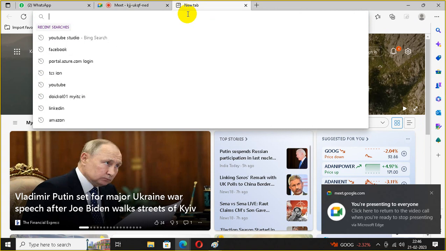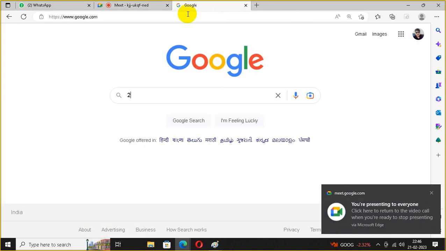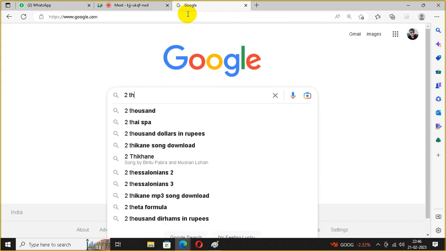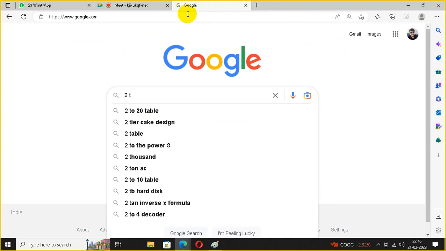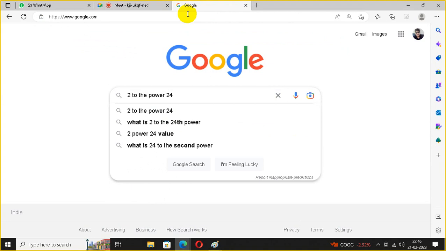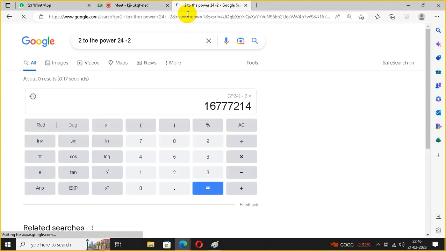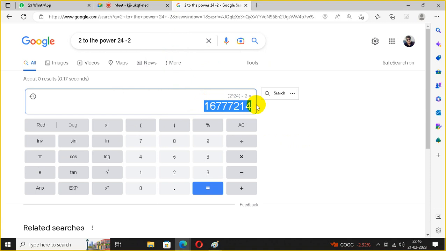Do you know how much value will come? The value will be 1 crore 67 lakh 77,214. So if you use a class A address, that many computers can get an IP address.